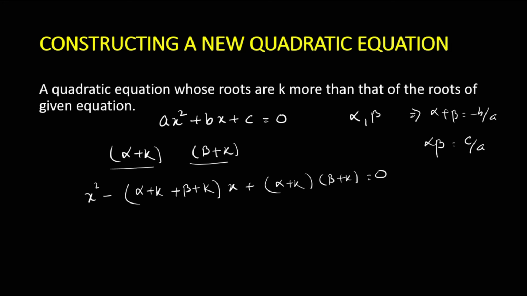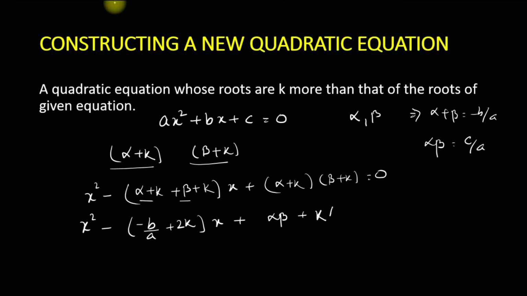So upon solving we can write this quadratic equation as x square minus, with alpha plus beta, minus b over a plus 2k, into x, plus alpha into beta plus alpha k plus beta k.